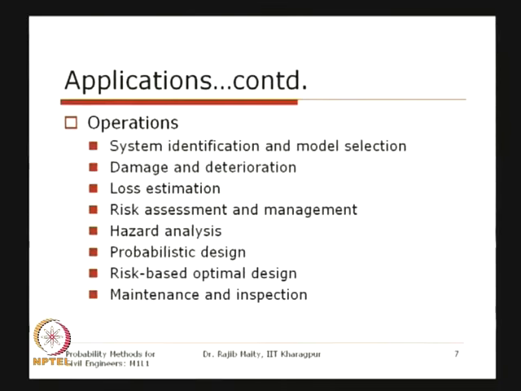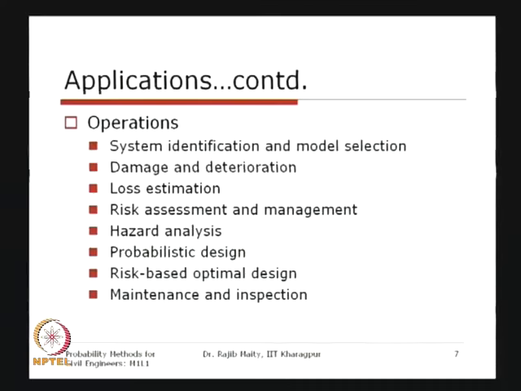In operations, there are different situations where these probability methods can be applied. For example, system identification and model selection. In a particular system, if we know the input and its corresponding response, then I can identify the system in terms of its parameters.